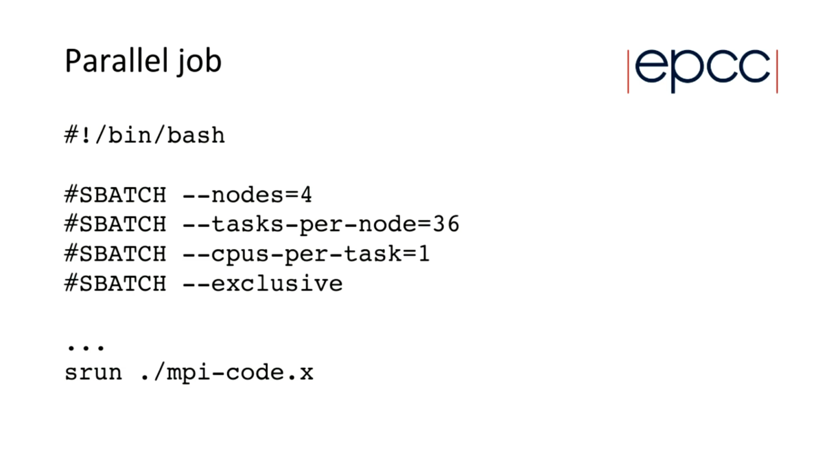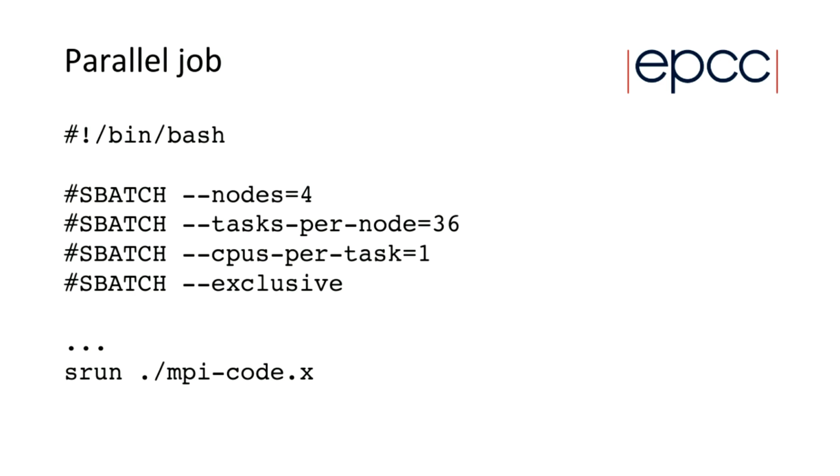So here's an example for a parallel job. If I know I want to run a job which is going to take up 4 nodes, and I want 36 MPI tasks per node, and I know that I'm going to run basically no threads in this picture, there's an incantation here, CPUs per task equals 1, which is saying I'm basically going to have 1 thread per task.